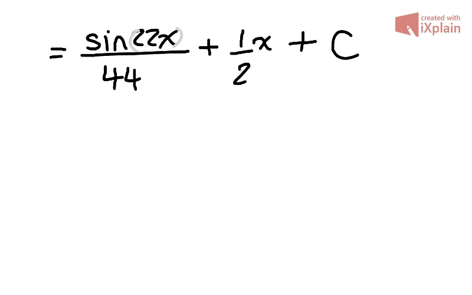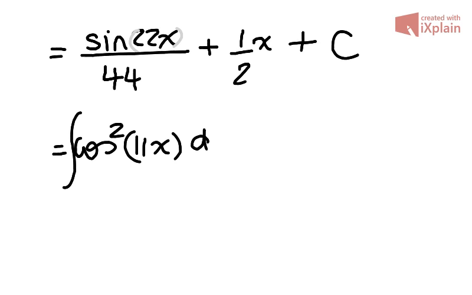So this is the integral of cosine squared of 11x with respect to x. Mainly what we need to do is rewrite cosine squared as a double angle formula.